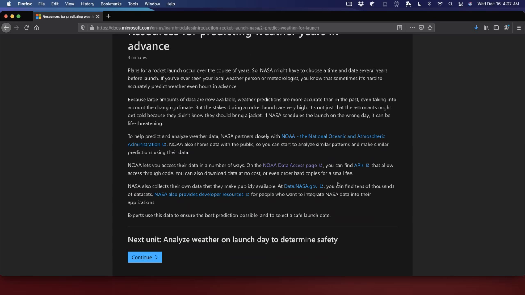Other governments of the world publish information about weather and labor statistics and things like that. And so you could deal with biological data and economics data and those sorts of things from a lot of these government sites.